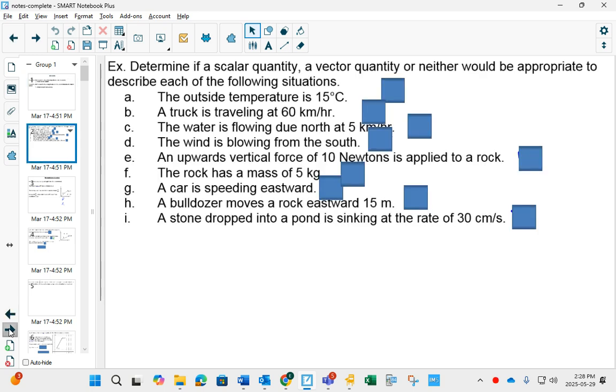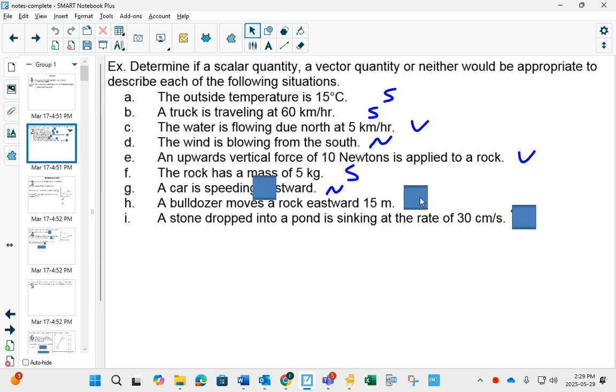So I want you to look through these and put an S for scalar, V for vector, and some of them might be neither. How did you do?